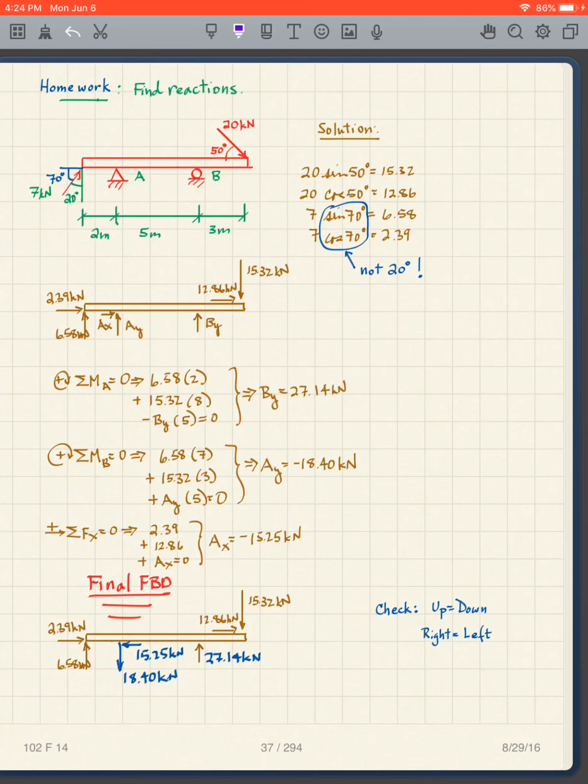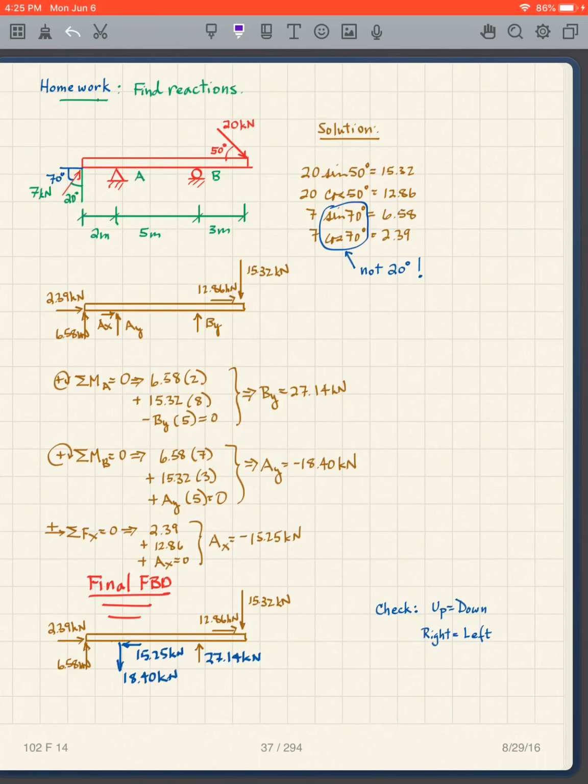Well, the vertical one is going to be 20 sine 50. The horizontal one will be 20 cosine 50. So their values are given here, and there they are.